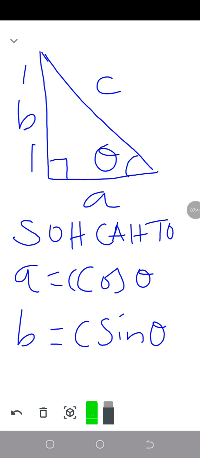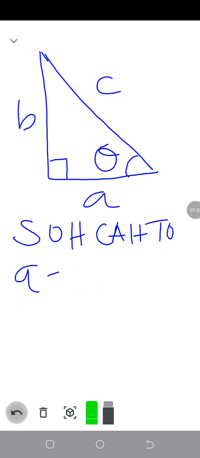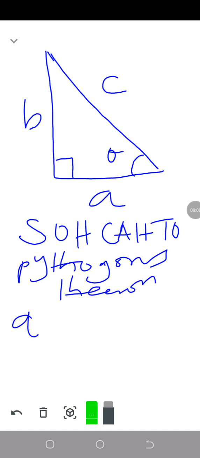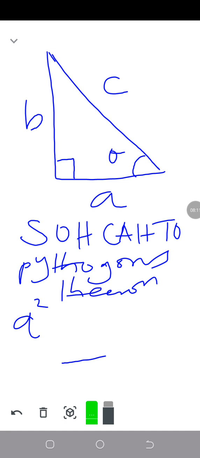Now, we know that from the Pythagoras theorem, a squared plus b squared must be equal to c squared.